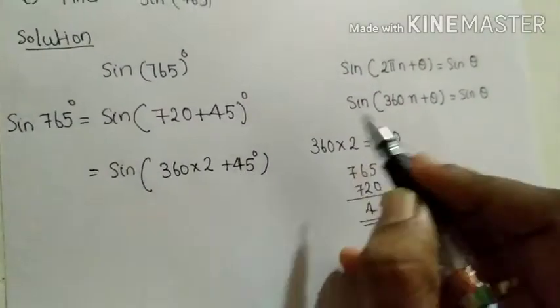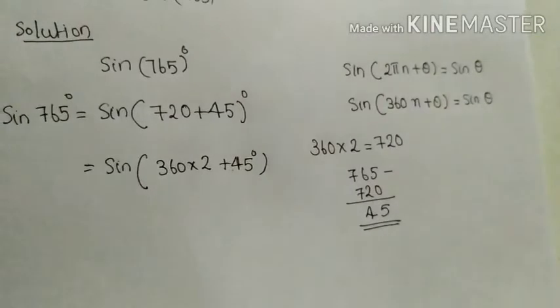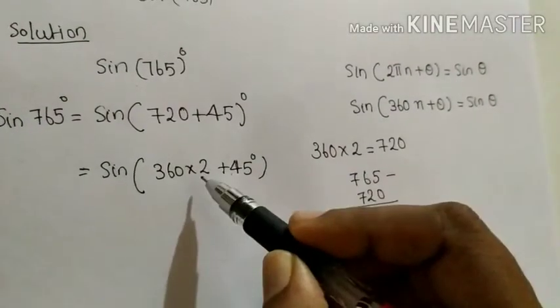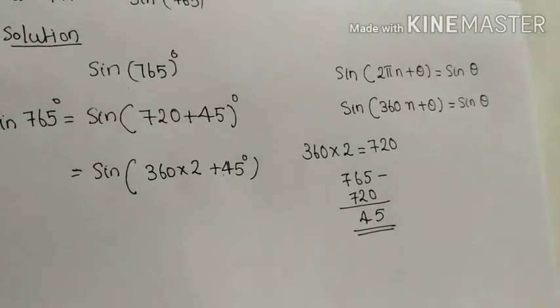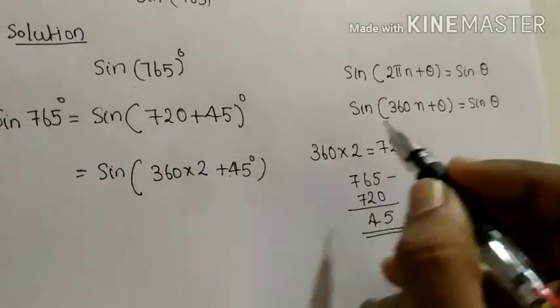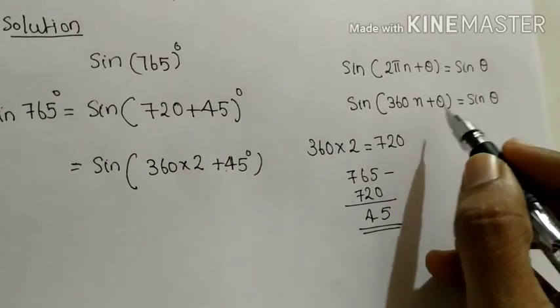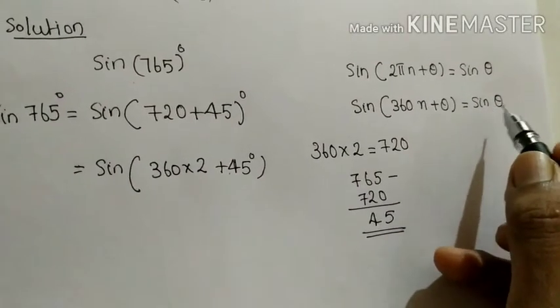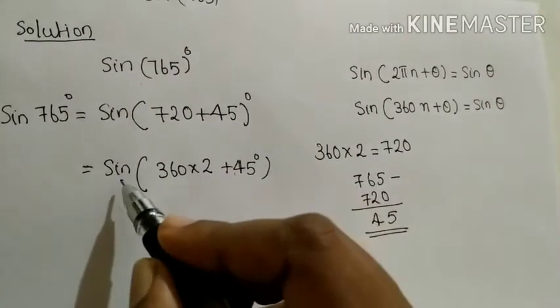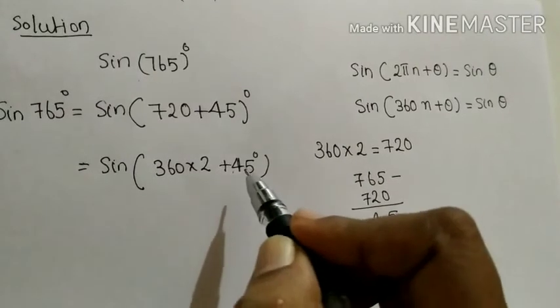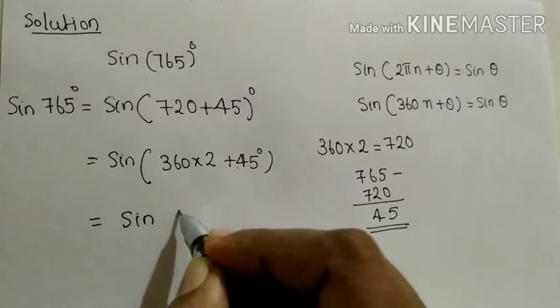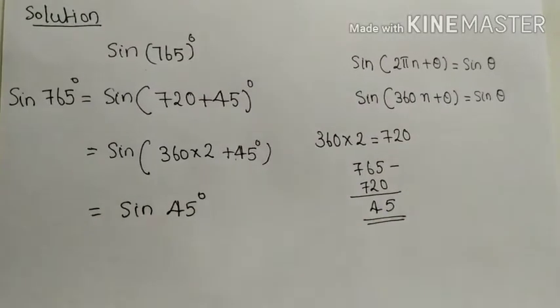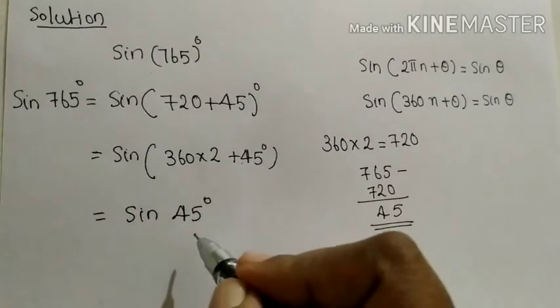So comparing these two terms, here n is 2 and theta is 45 degree, right? So next we know that sine 360 n plus theta equals sine theta. So sine of 360 into 2 plus 45 degree becomes sine 45 degree.